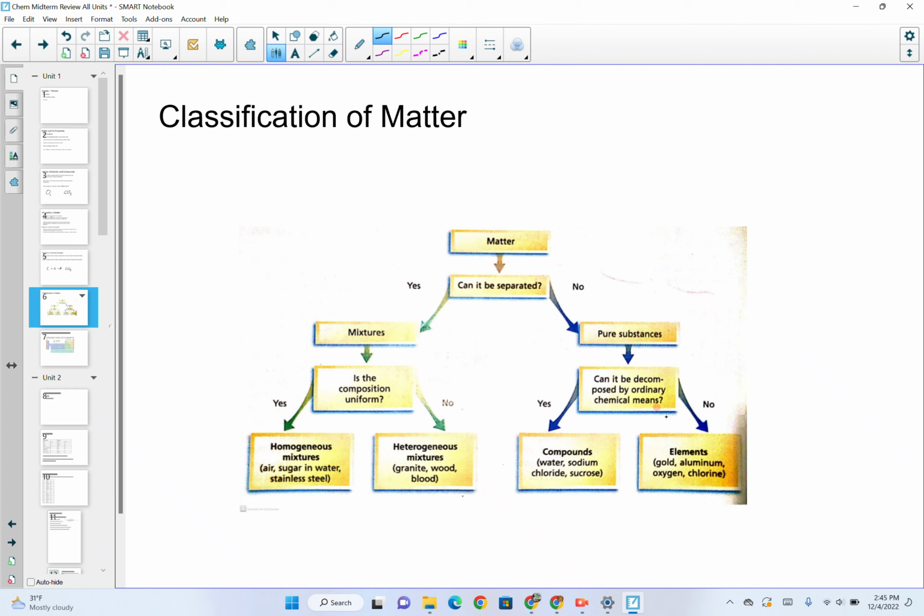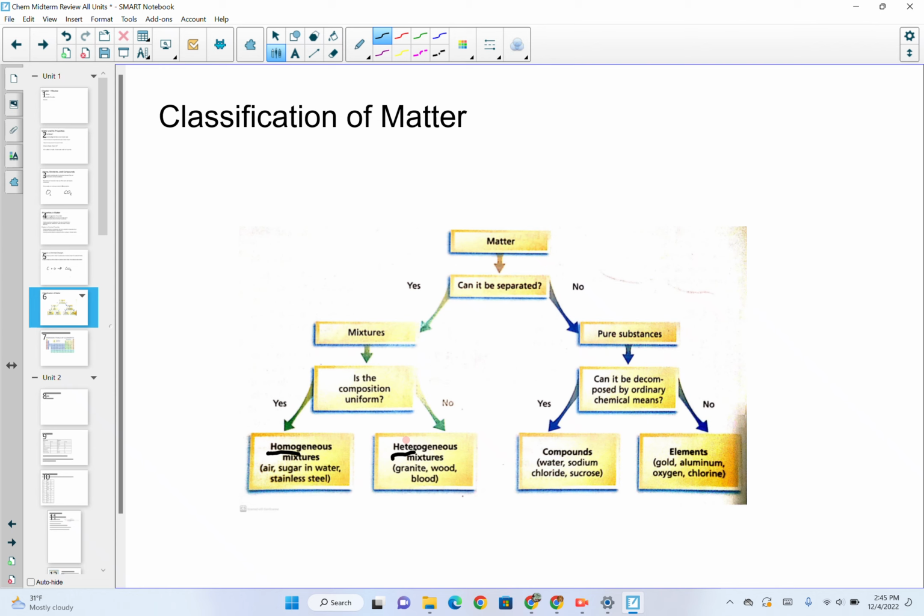For homogeneous, if you look at the root word homo, it's the Latin word for same. So they look the same and have uniform composition. Heterogeneous has the root hetero, which is a Latin word for different. So their composition is not uniform.